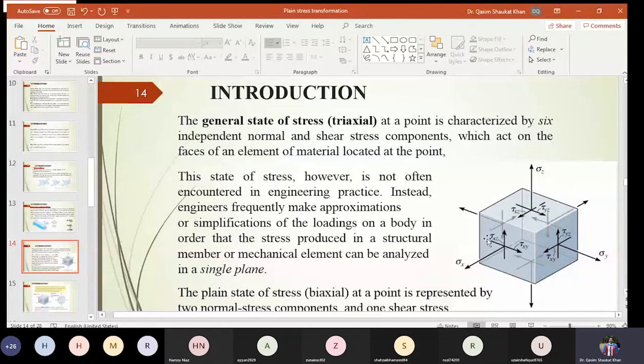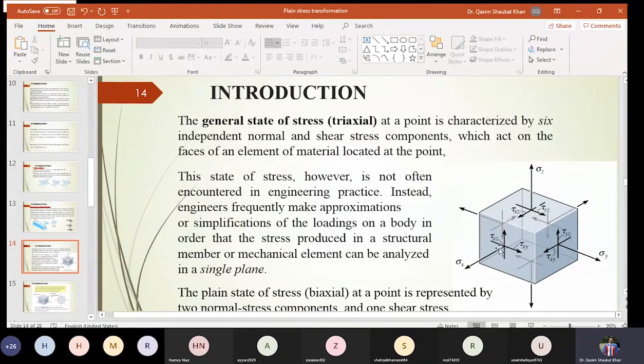Tau xy, oriented along the y-axis. X represents the plane in which the stress originates, and y represents the direction in which the stress is applied. Tau xy and tau xz.